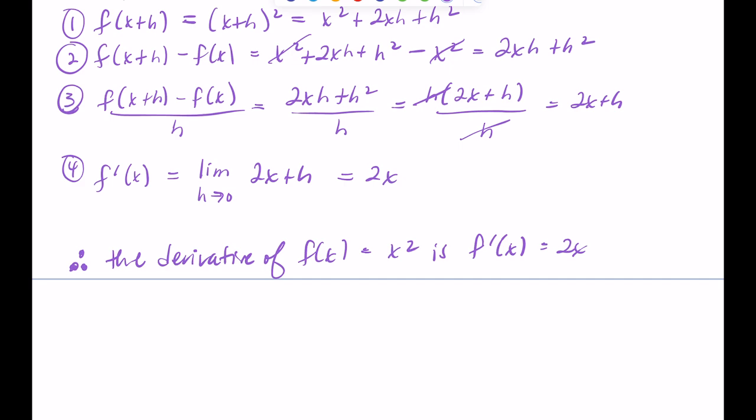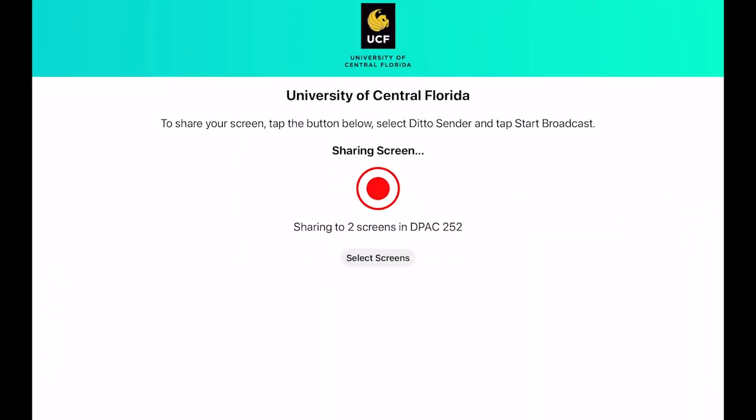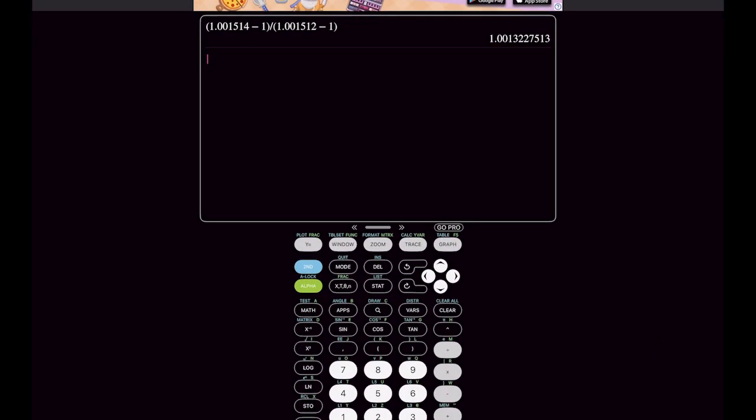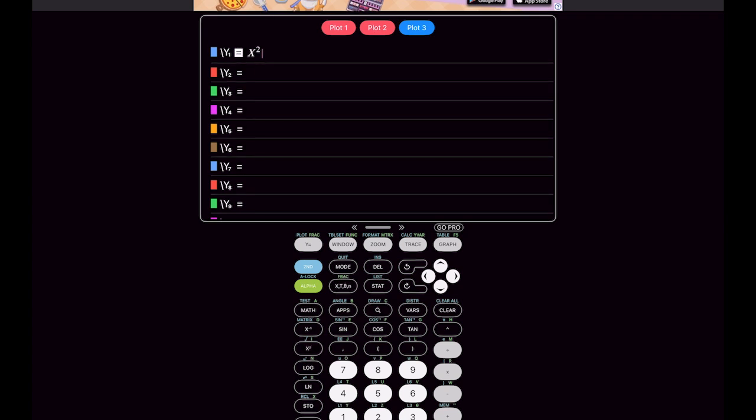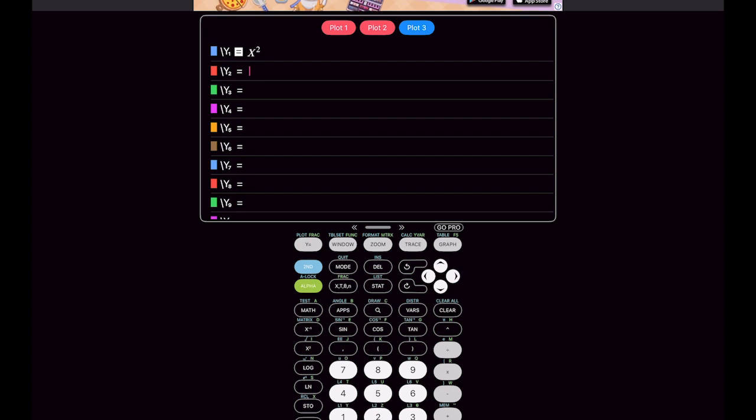Okay, let's take a look at the graph. Let's go to y equals. Let's clear that function out. And let's look at these two graphs. So we've got x squared, which is our original function, and then we've got 2x. And we have to change our window.